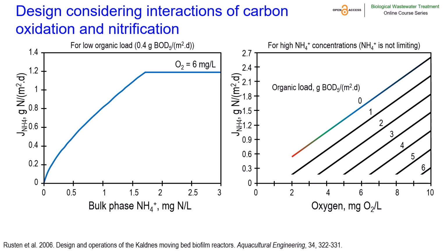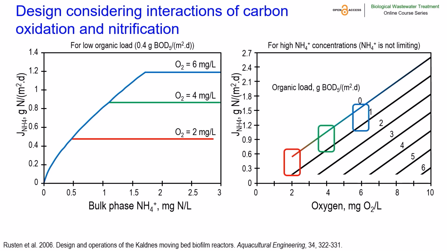We can now look at corresponding flux curves with 4 mg oxygen per liter or 2 mg oxygen per liter. The initial increase is identical, but nitrification becomes oxygen limited already at lower ammonia concentrations. The rectangles in the plot on the right show the corresponding conditions for 2, 4, or 6 mg oxygen per liter. These design curves consider many of the mechanisms and analytical solutions we have introduced in previous modules.